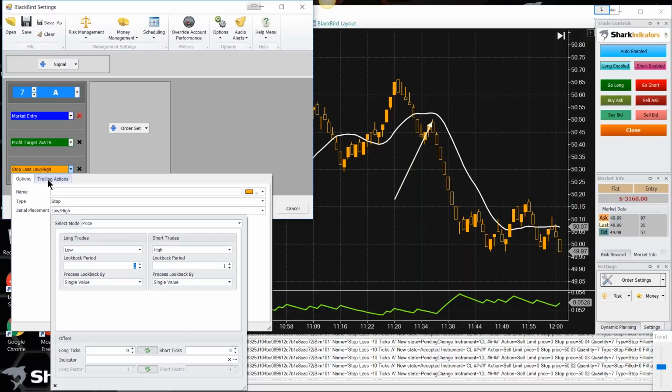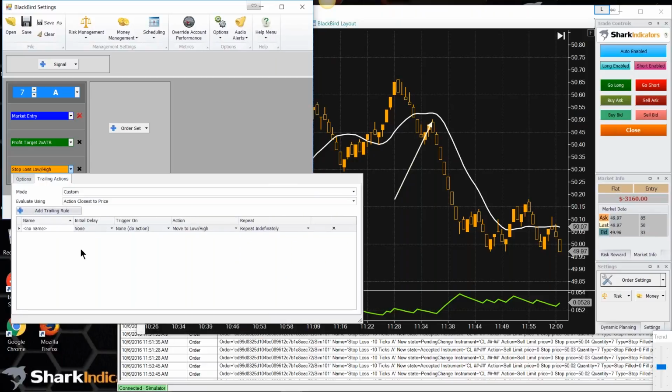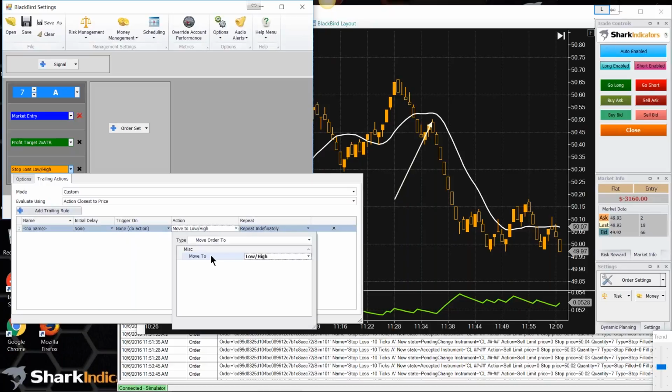Pretty simple. And then the trailing rules, it's going to be the same thing. Again, there's no delay, there's no trigger. The action is just simply going to be move our stop loss to the current low price of the previous bar.